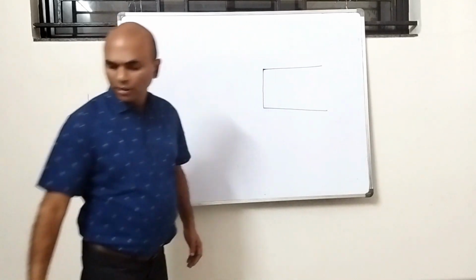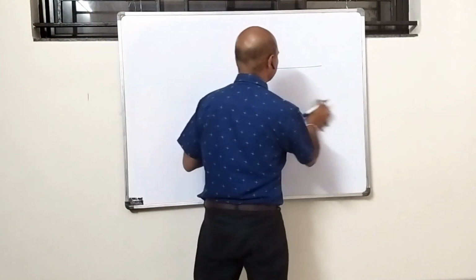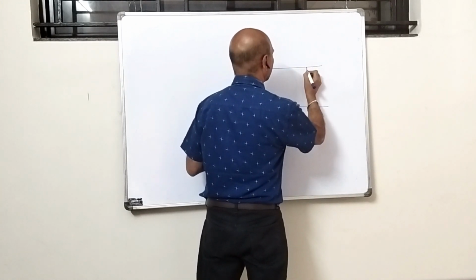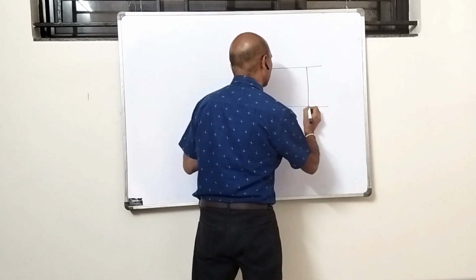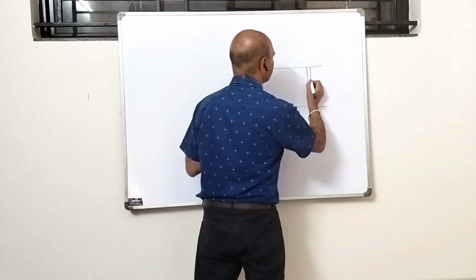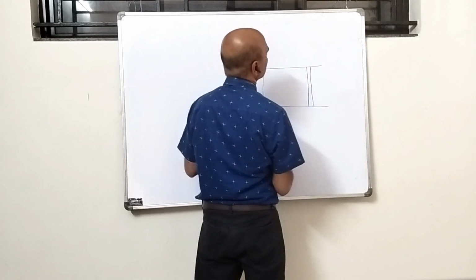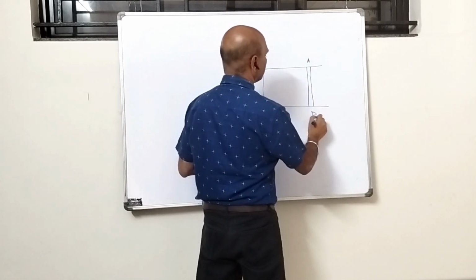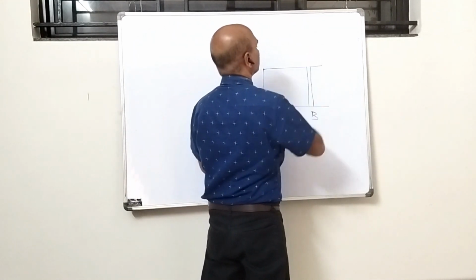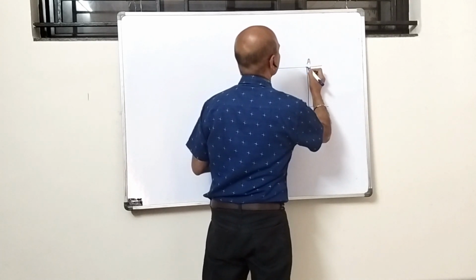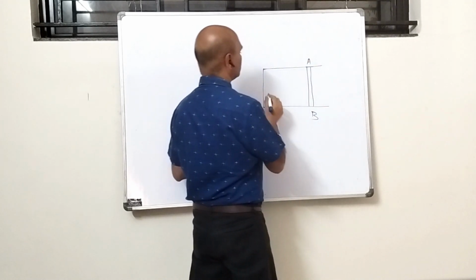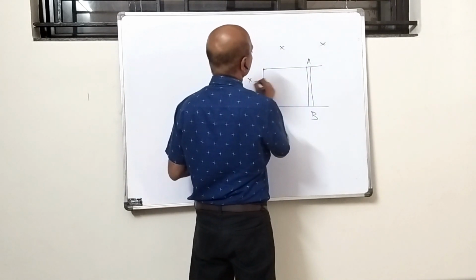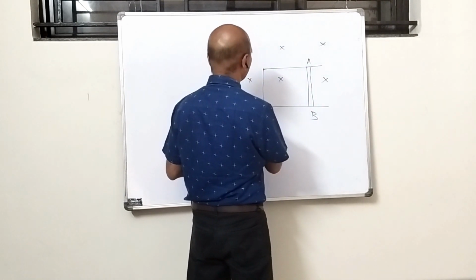Let us consider we are having a frame which is like a U frame, like this. This is a U frame, and on which you are having a conducting rod. Okay, let this be A and let this be B. And let us assume that we are having a magnetic field which is into the plane of the board.